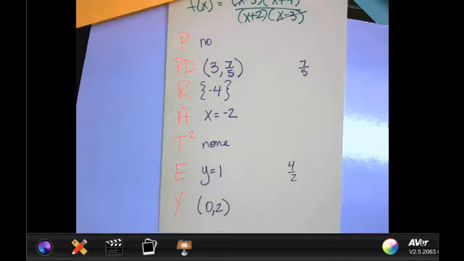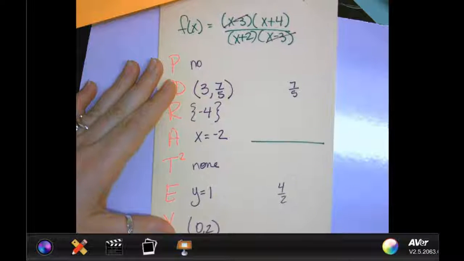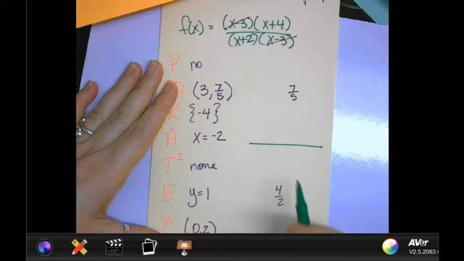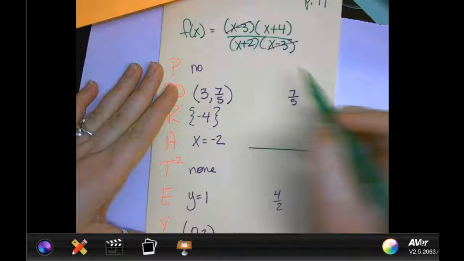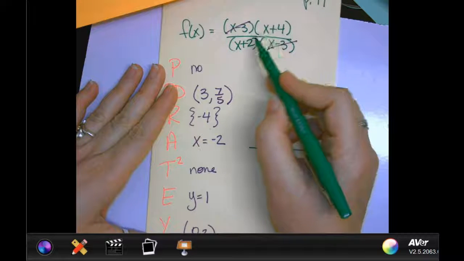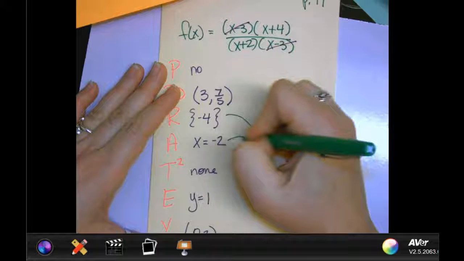Now, the next thing that you want to do is your sign thing that we did to figure out where your function itself is positive and negative, when we go to graph it. So we do a little sign chart. On here, you put your asymptotes and your roots. Your R and your A both go on your sign chart.